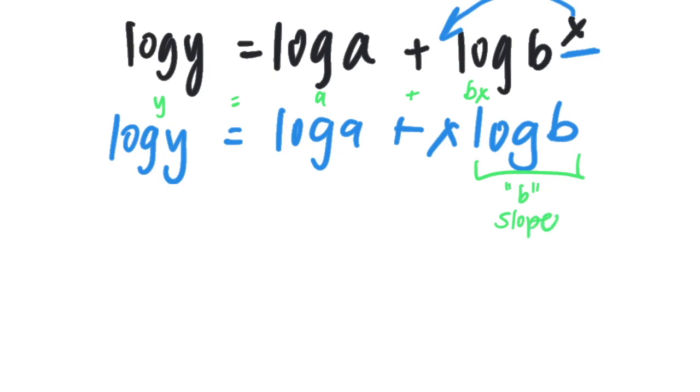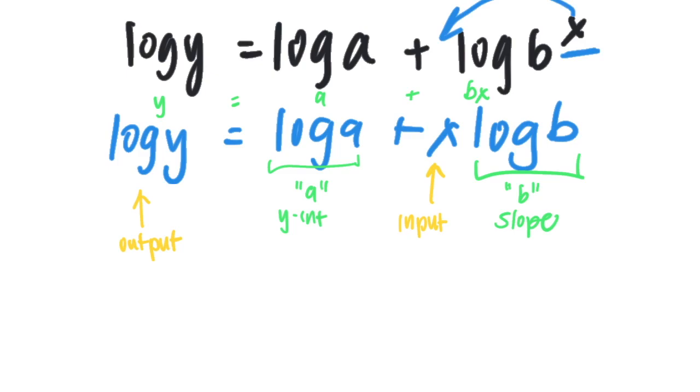We have the x because b is multiplied by the x. This is our a value, or our y-intercept. And then our input is still x. But now, instead of our output being y, our output is log of y.